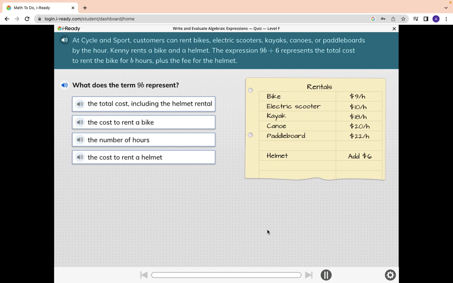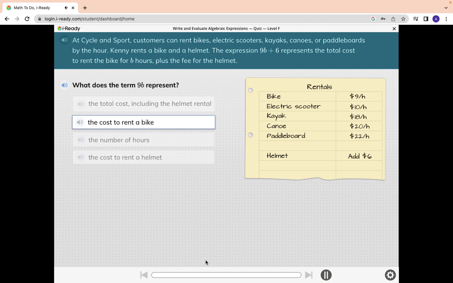For B hours, so that represents the cost to rent a bike, not including the helmet, just the cost to rent a bike for B hours. Okay.